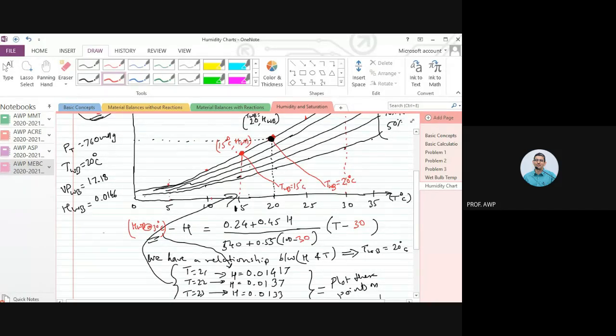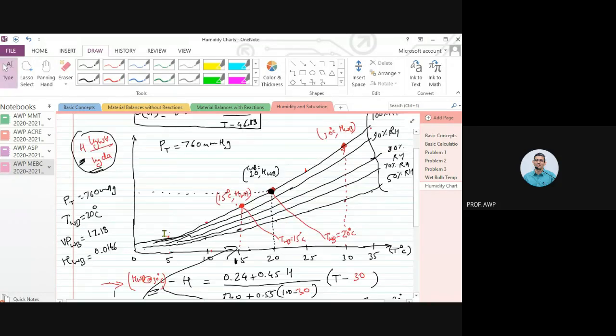So I can take this equation, take different values of T, find out the values of H and plot that straight line. That would be this straight line, with wet bulb temperature of 30 degrees centigrade. Same way I can do it for 25 degrees centigrade. This line would correspond to wet bulb temperature of 10 degrees centigrade.